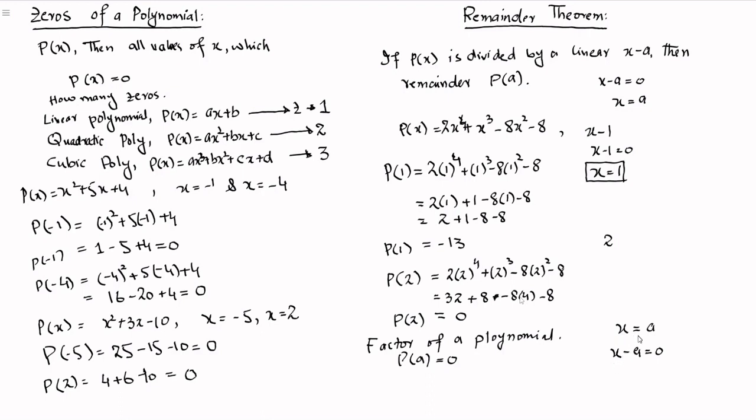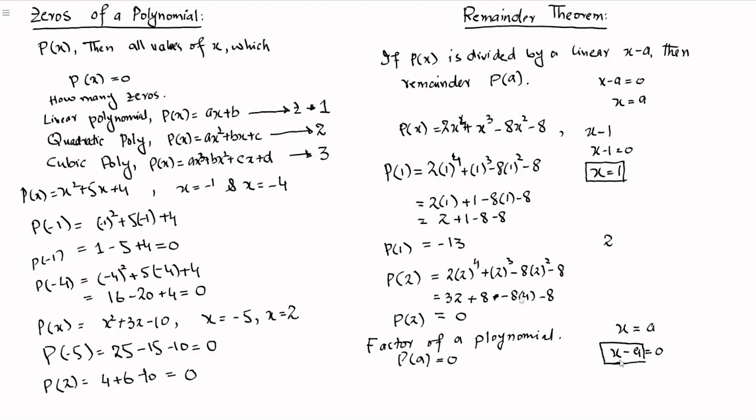We can write that x is equal to a in the form of x minus a is equal to 0 by transferring a from the right hand side to the left hand side. So this x minus a is now called the factor of a polynomial. That polynomial which will completely divide another polynomial will be called a factor of the polynomial.